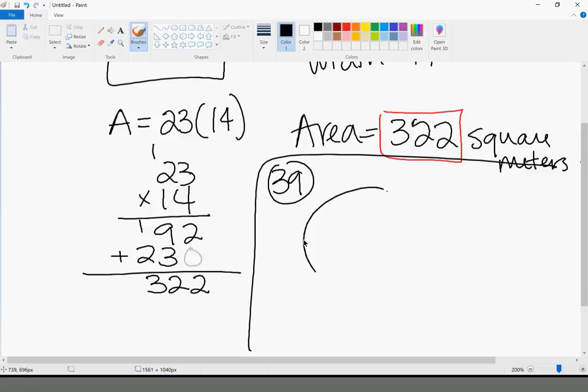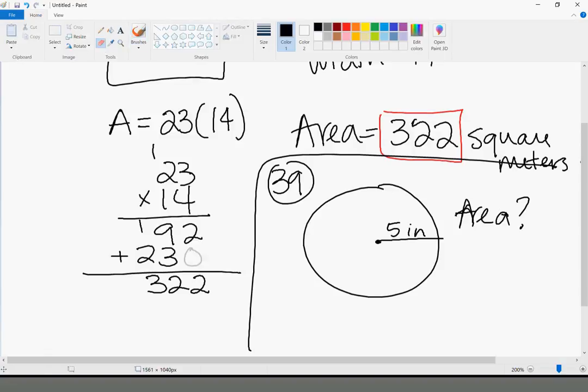Okay, let's look at 39. So we have a circle, and then we have a radius of 5 inches, and it says to find the area of the circle, and they tell you to use 3.14 for pi.